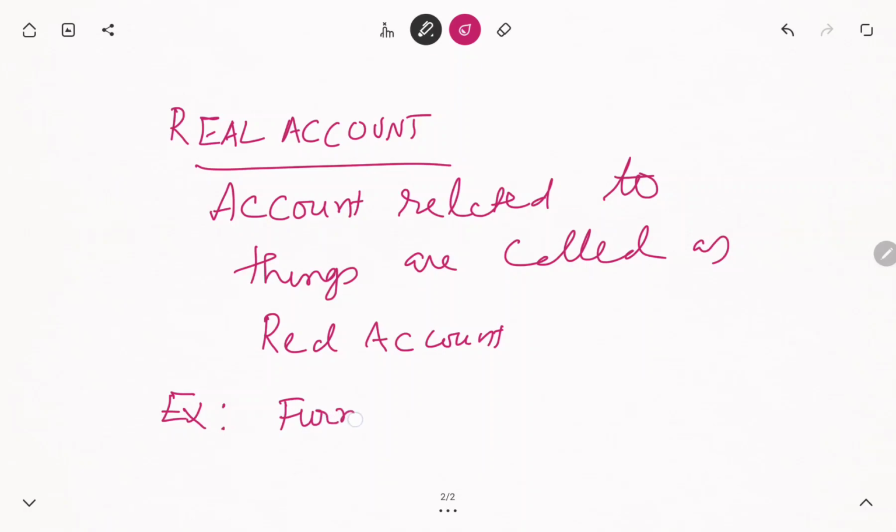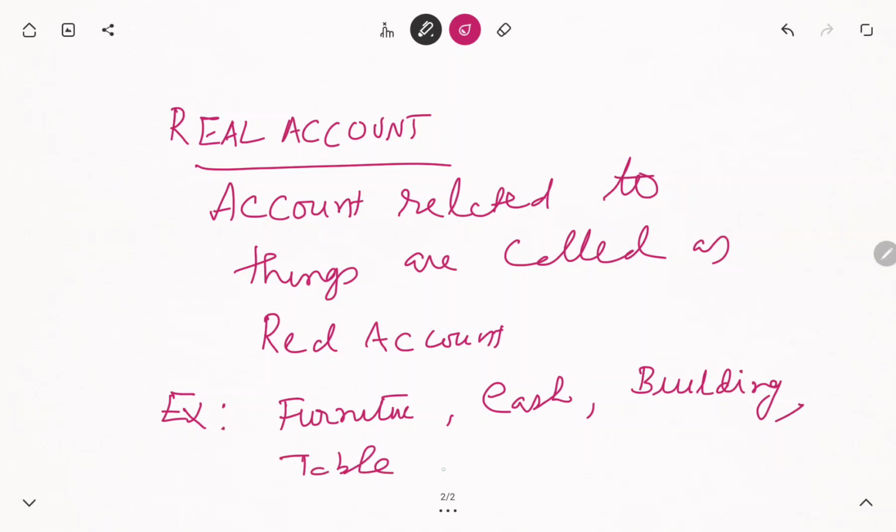Furniture, cash, building, table, etc. Examples means furniture, cash, building, table accounts.